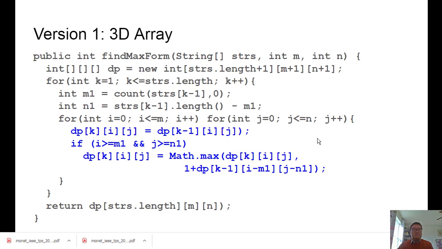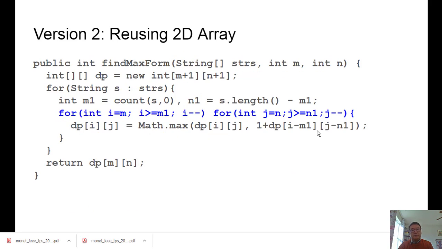Then, if you do it this way, you have to remember for each value whether it has already used the current string or not. That's a little bit messy, but there is a way to get around that problem.